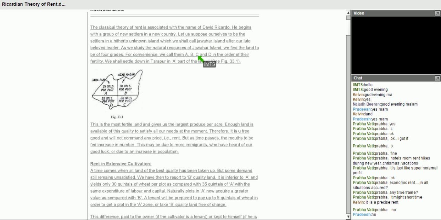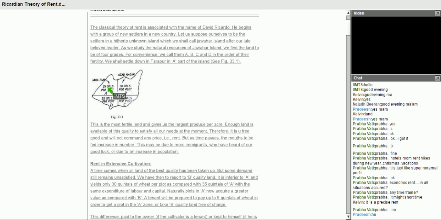As we study the natural resources of Jawahar Island, we find the land to be of 4 grades. For convenience, we call them A, B, C and D in order of their fertility. We shall settle down in Tarapur in part A of the island.